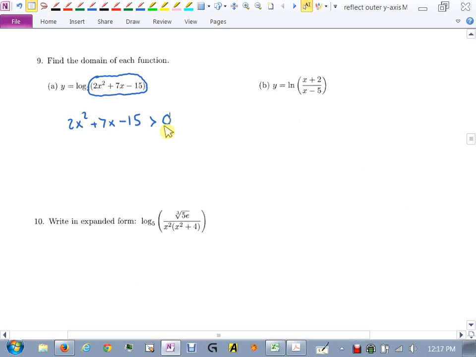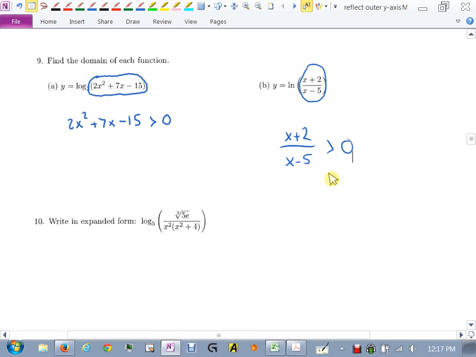Okay? We've done it. I'm not going to go back through this. You can go through my videos. You can go through the notes. I've done quadratic inequalities already. Here, this one, the argument again must be greater than 0, right? This is a rational inequality.